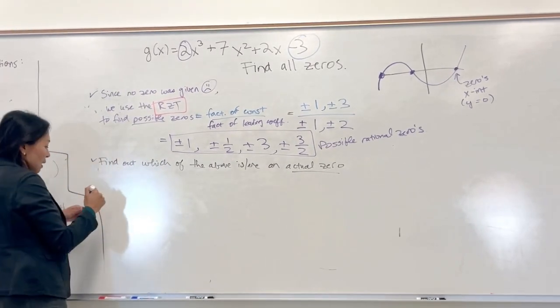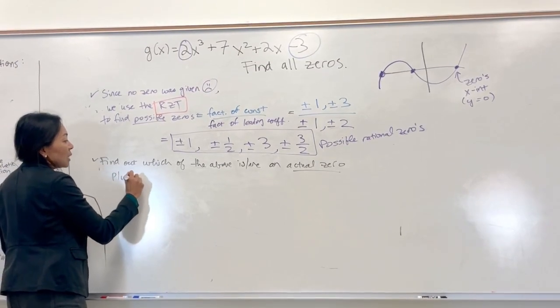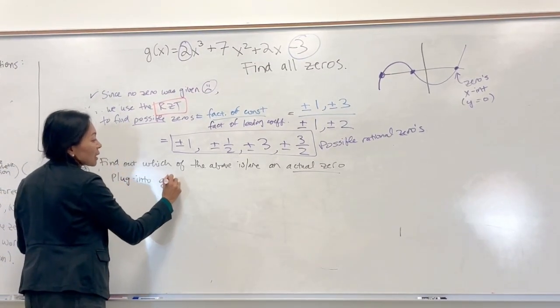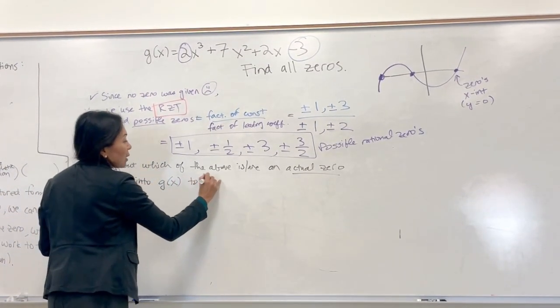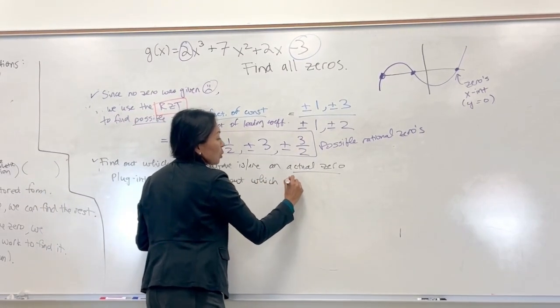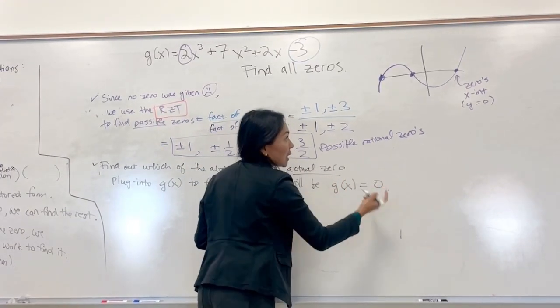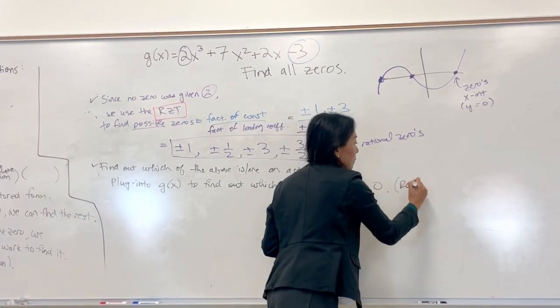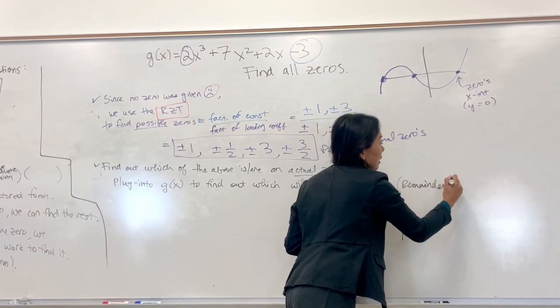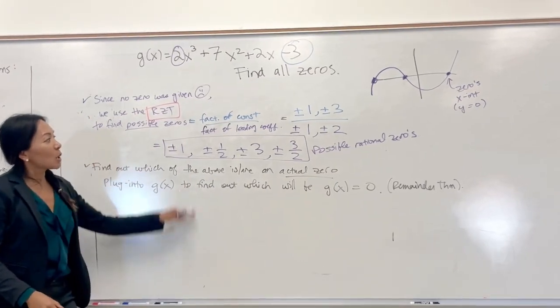So we're going to plug it into g of x to find out which will make g of x equal to 0. And this is going to be using the remainder theorem. So we learned the remainder theorem at the beginning of class.